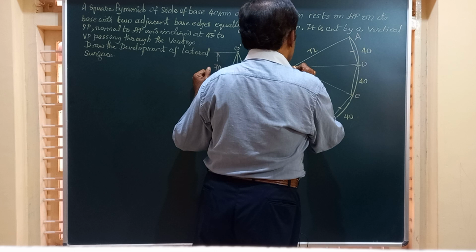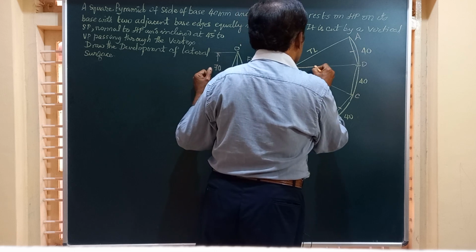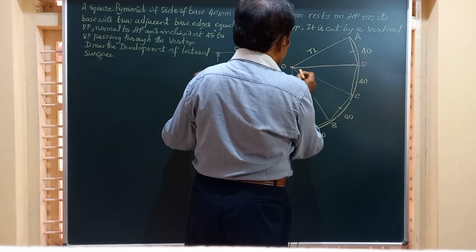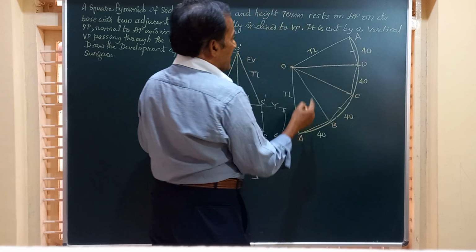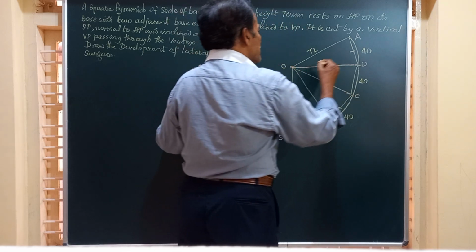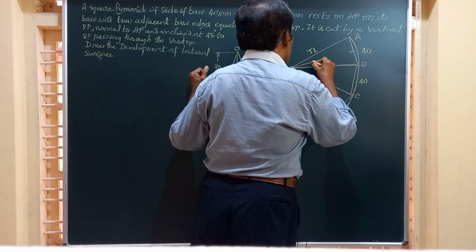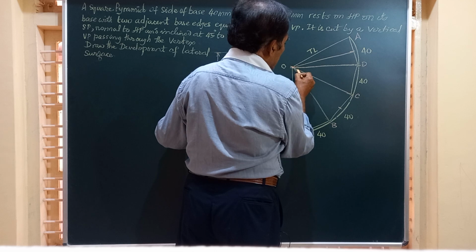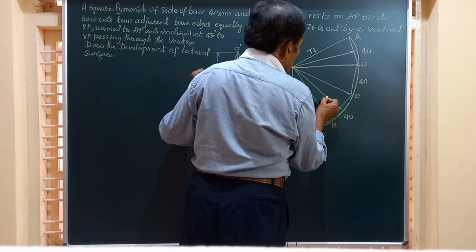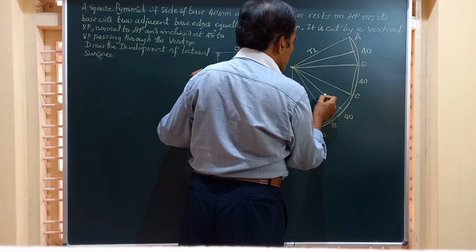Friends, what I do is join this OD completely, OC also completely, and these 2 points are to be joined to the vertex. This is one point, this is the other point.